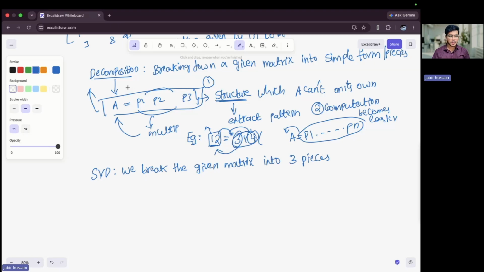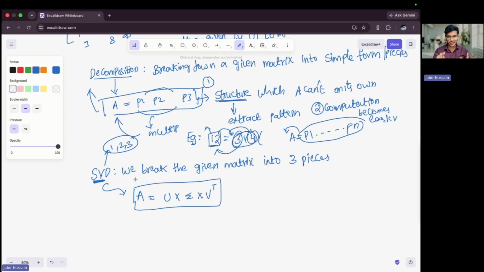Here also we do decomposition, but SVD is a special type of decomposition where we break our matrix into three pieces, piece 1, piece 2, piece 3, and we represent these pieces as, if the given matrix is A, then the pieces would be U multiplied by sigma multiplied by V transpose. This is the definition of singular value decomposition.